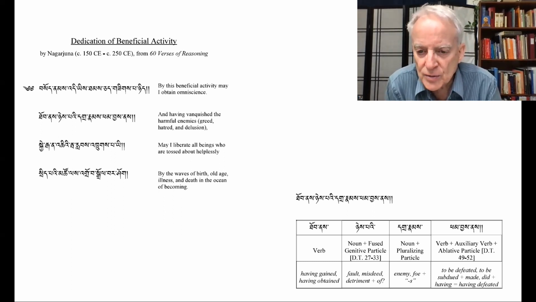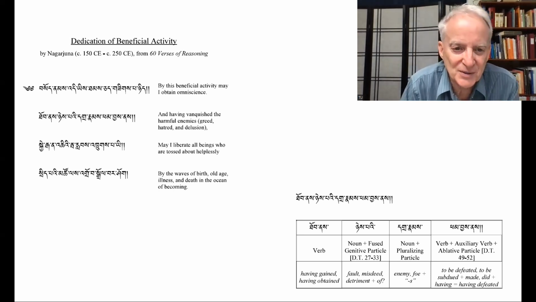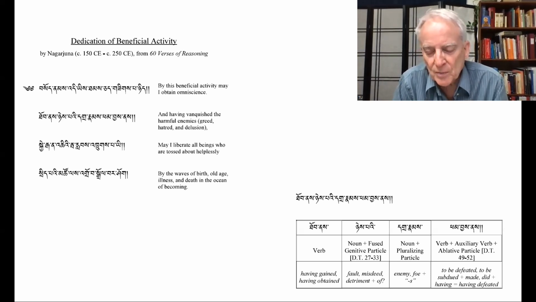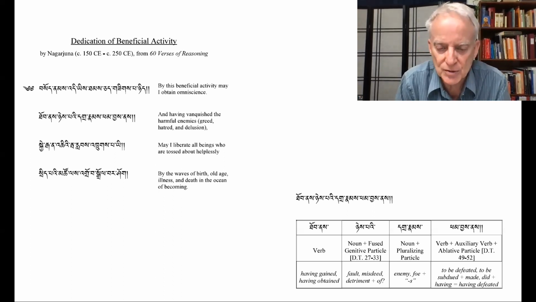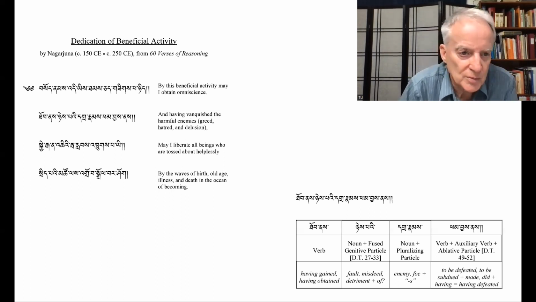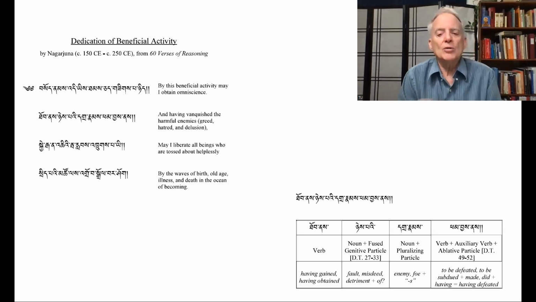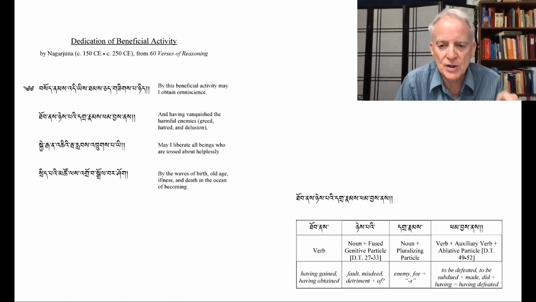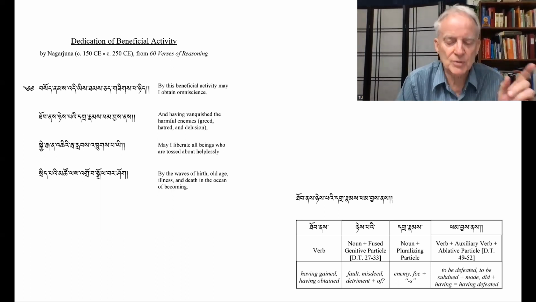So having conquered the enemies, which are faults, you know, it could be read that way, or it was translated the harmful enemies, the enemies which are harmful, you know, they're up to no good, in other words. So far we've got by this beneficial activity, sunamditamchezipani, topne, having obtained omniscience. One thing I didn't say very often in the prayers, as we saw in the Refuge series, is that the subject of the sentence, if it's I or we, as it very, very often is in prayers, we're praying for something, the subject of the sentence is not stated.